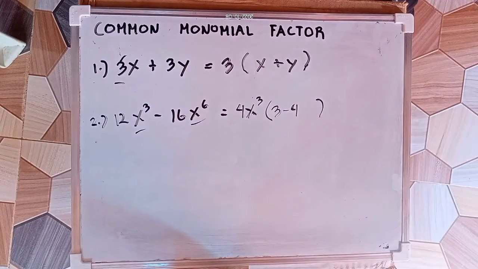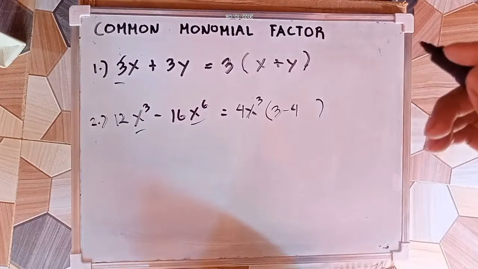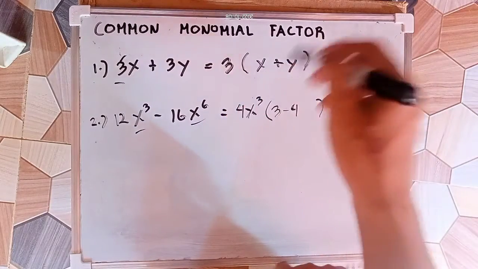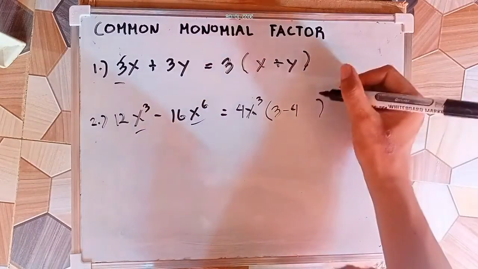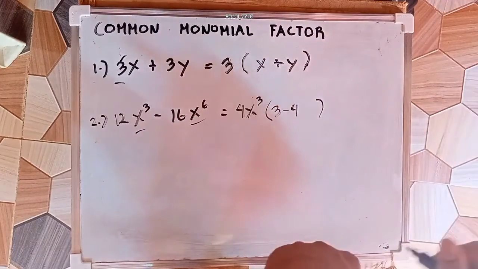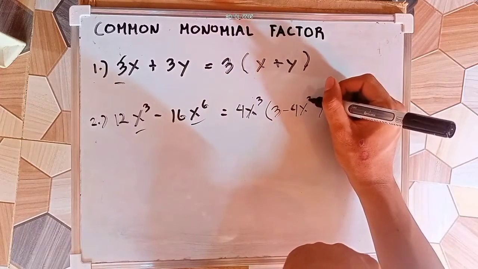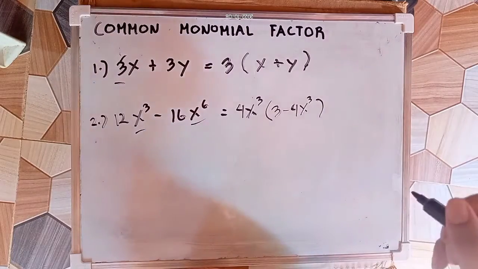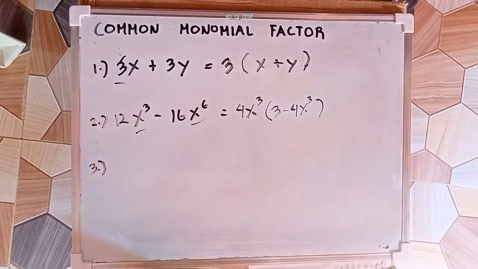As we remember, in variables we must subtract their exponents. So 6 minus 3, that is x cubed. So how simple is that? Let's try another example.